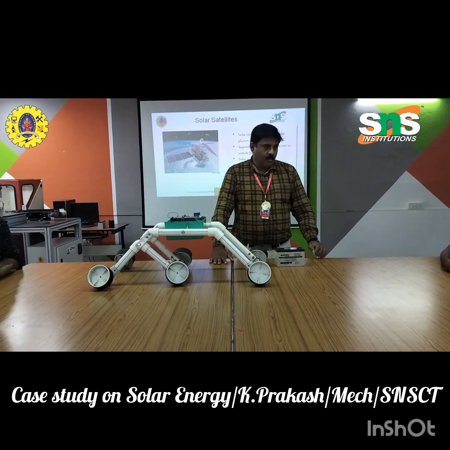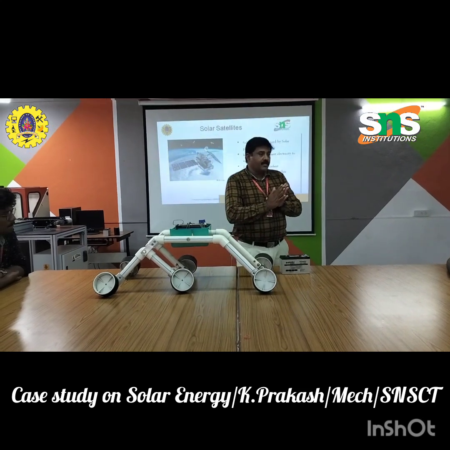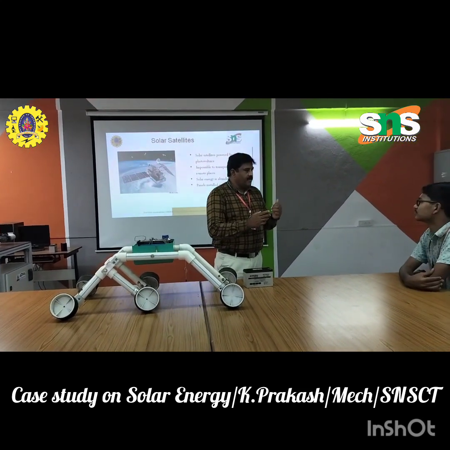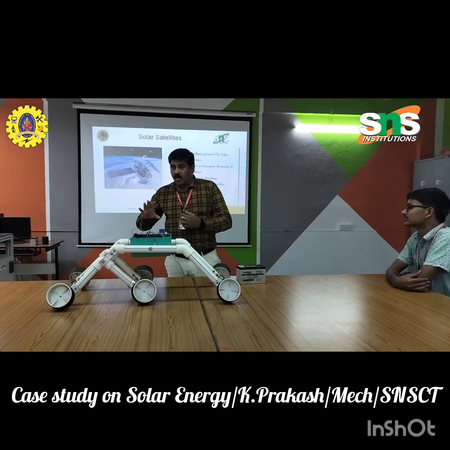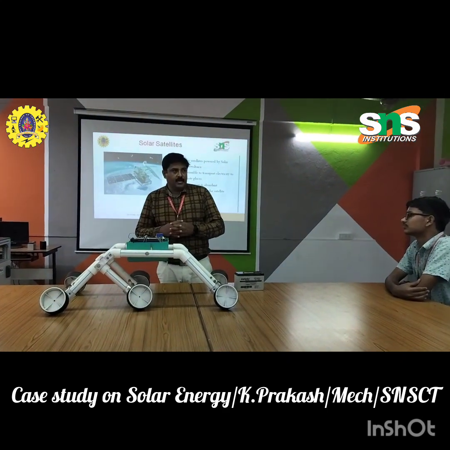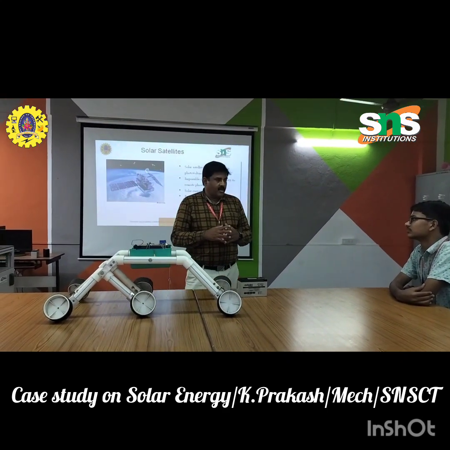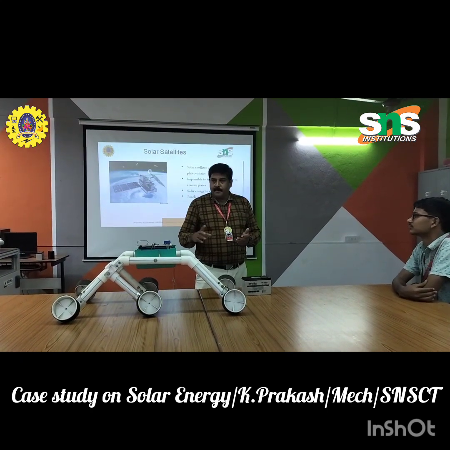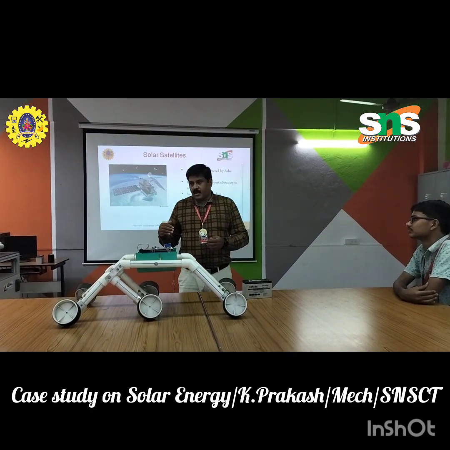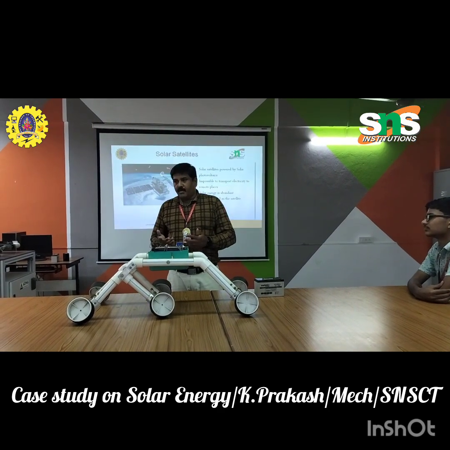There is another thing. As we discussed in the previous video sessions, solar radiation depends on geography. What is meant by geography? Based on the places, we can get the solar radiation, and it may vary.